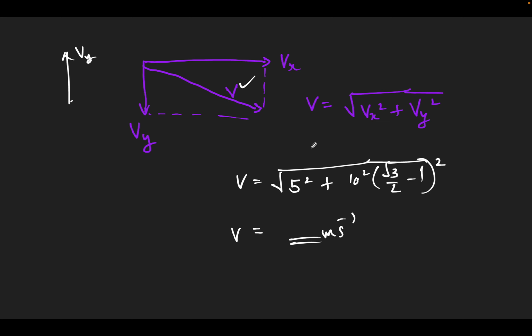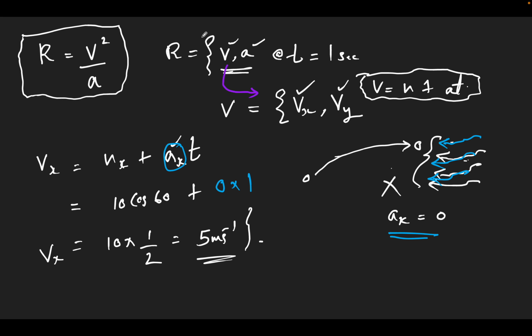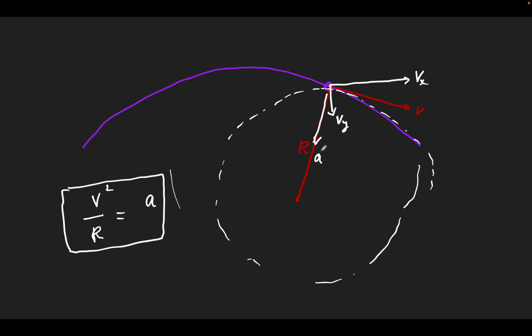Then what do you need? V is over. Now you just need the acceleration, which is the centripetal acceleration along this line, along this radius. So how to get that?